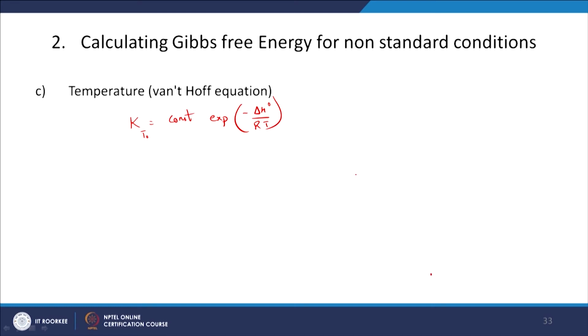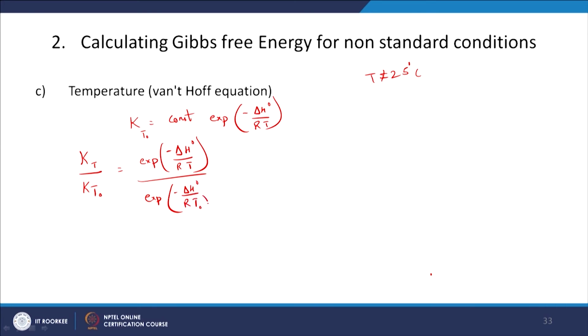So now if I want to look at the change, when temperature is no more 25 degrees centigrade, I can look at the ratio of K at temperature T, which is not at standard condition, by K T naught. So that is equal to, constants cancel out, exponential of minus delta H naught by RT by exponential of minus delta H naught by R T naught, right.